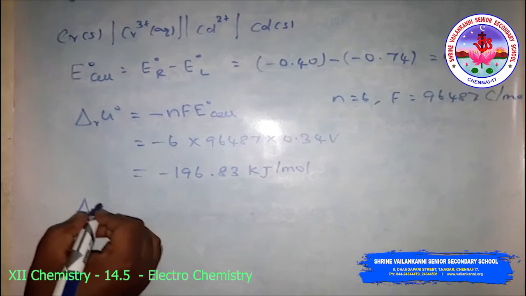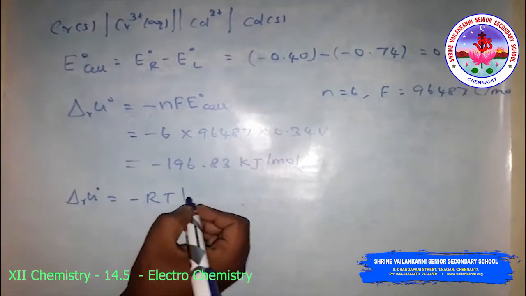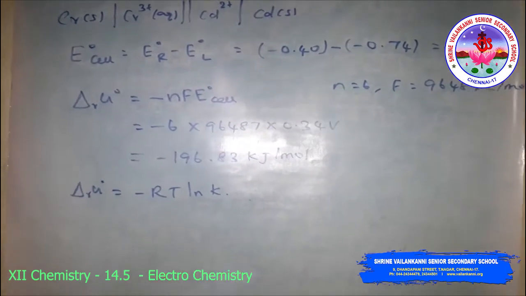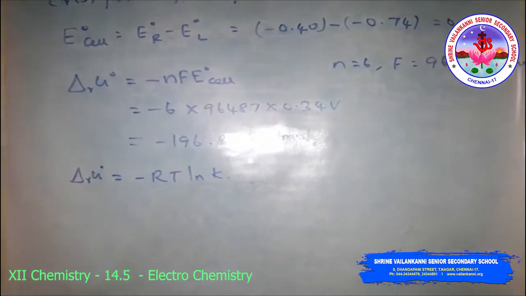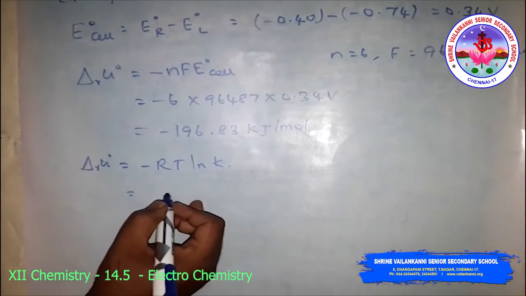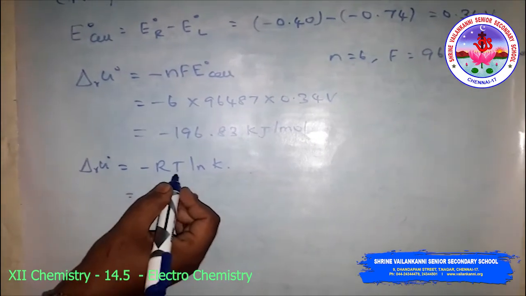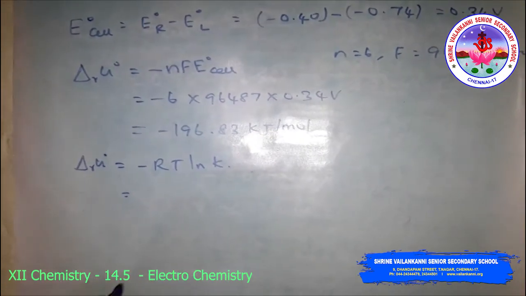Okay, then again delta R G naught equals minus RT ln K. Here R is the gas constant, 8.314, and temperature is the standard temperature, 298 Kelvin.